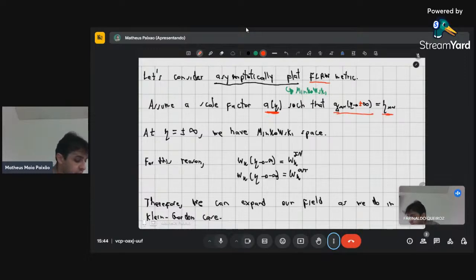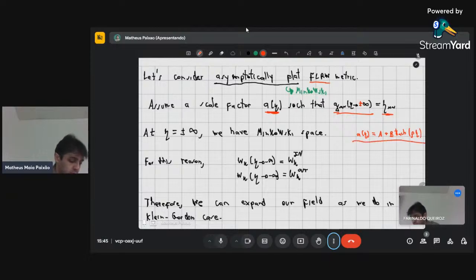I can achieve that by assuming a conformal factor, so an expansion factor, just something like a plus b hyperbolic tangent of rho eta.